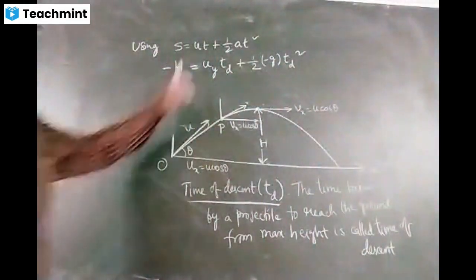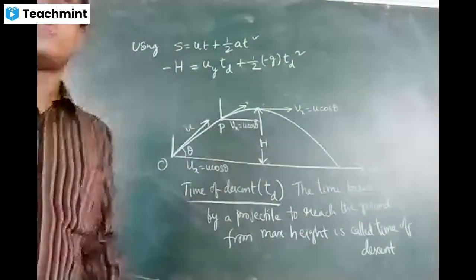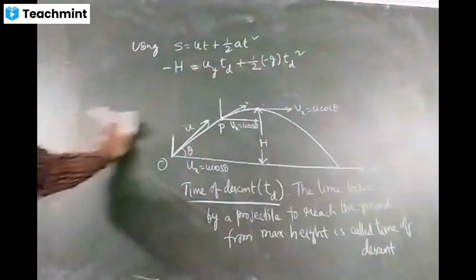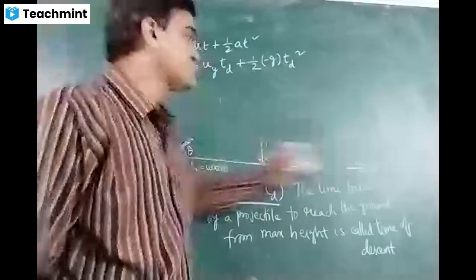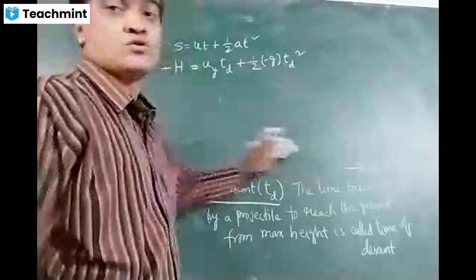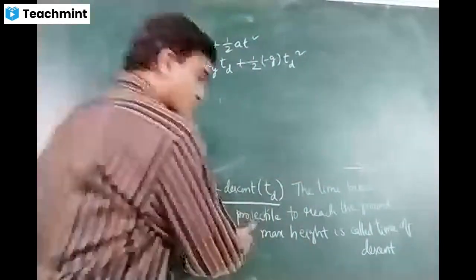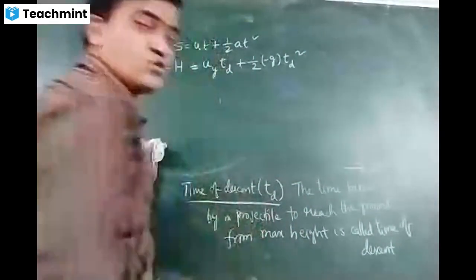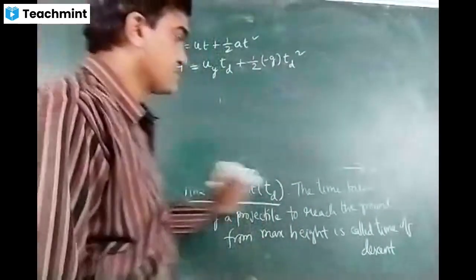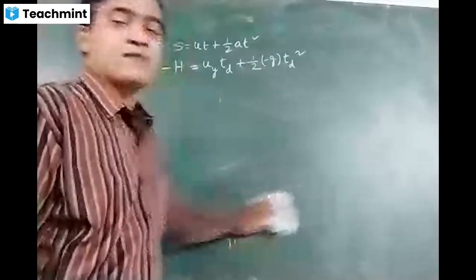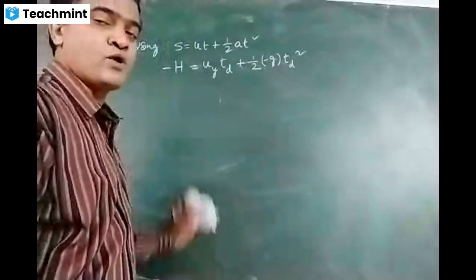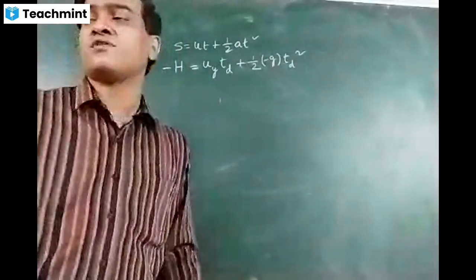What is the ui value? U sin theta, from where it is started? At max height it is 0, sir. ui is 0. Why? Because I'm starting from maximum height, so at that point the vertical component of velocity is 0.